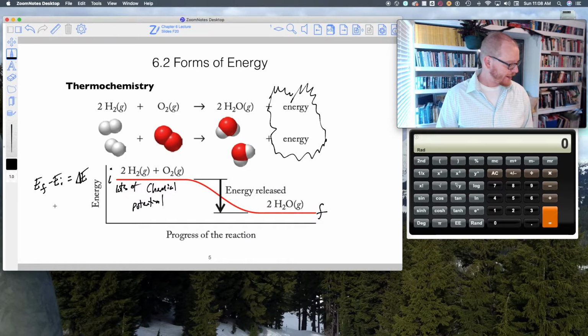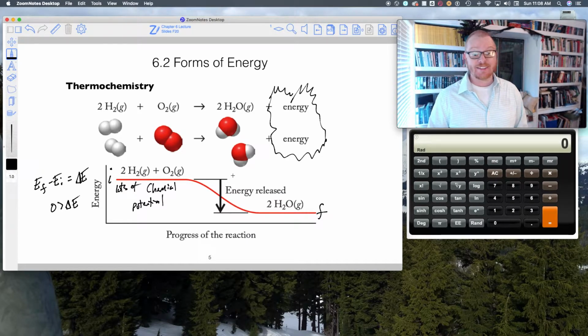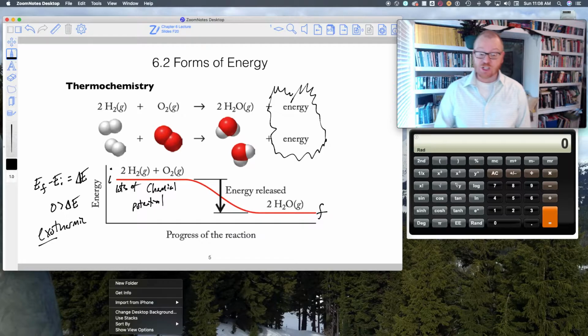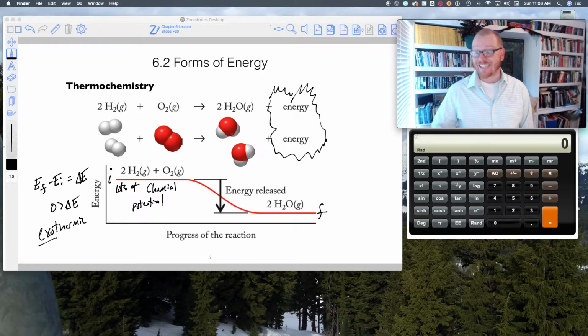We will in fact see that the change in energy for this particular reaction in which energy is released is negative. And this is something we call exothermic. And we're going to see this in a coming slide here. So exo, meaning energy is released.